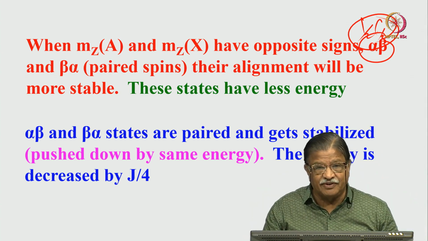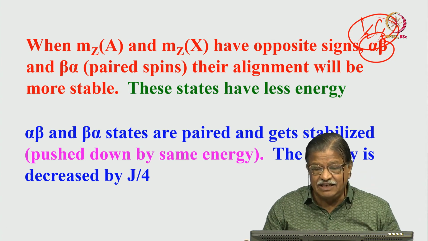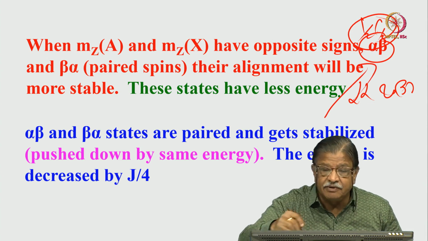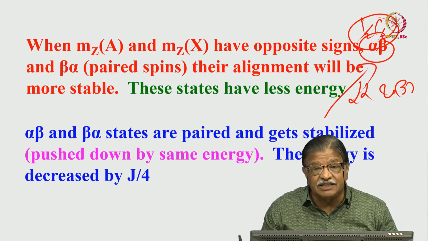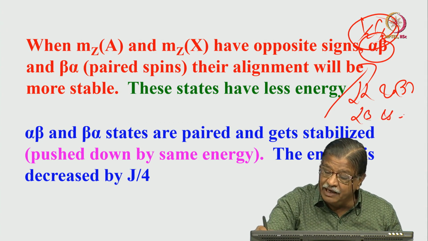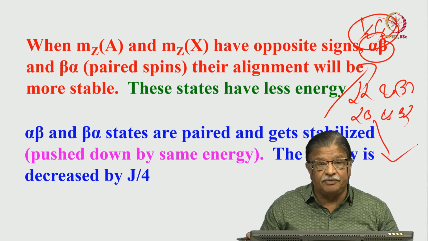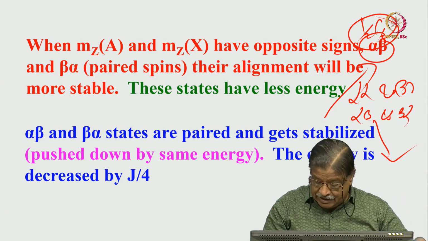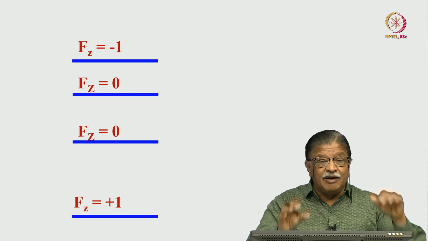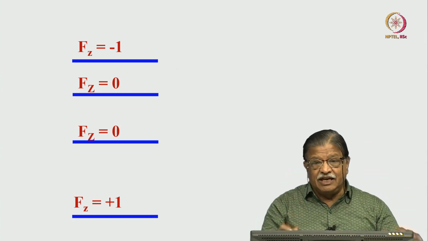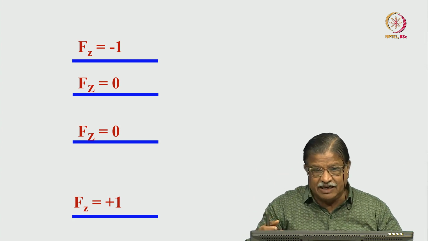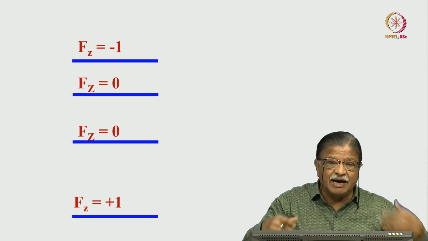You understand the difference? If you consider the energy states, alpha alpha and beta beta are pushed up because they are unpaired spins, whereas alpha beta and beta alpha energy states are pushed down, decreased by J by 4. In the earlier case, both the energy states were identical, there was no pushing up, no stabilization or destabilization, because coupling was 0.